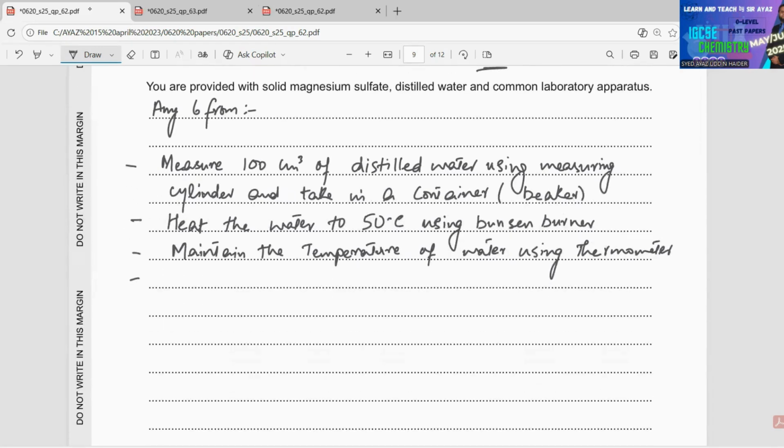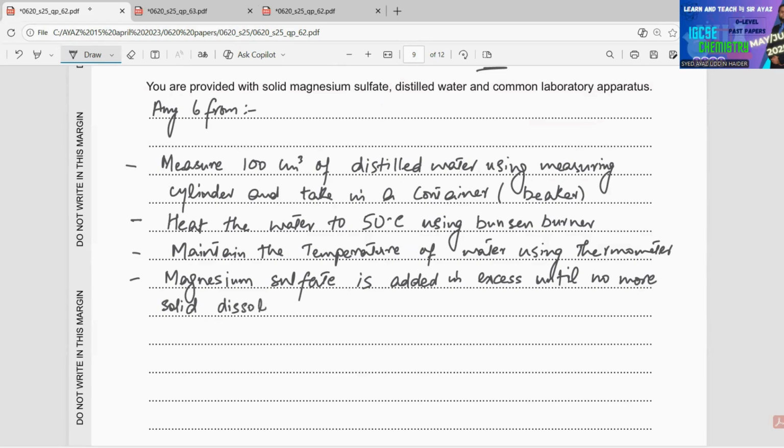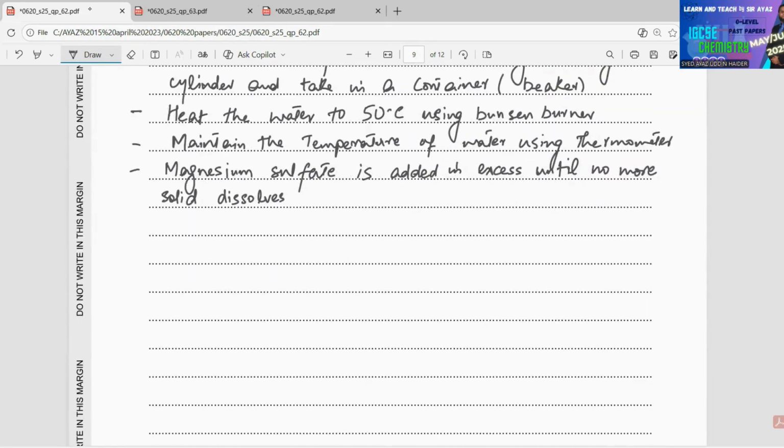Then add magnesium sulfate. Magnesium sulfate is added in excess until no more solid dissolves. Then mix the solution. The solution is stirred or mixed. What else are you going to do?